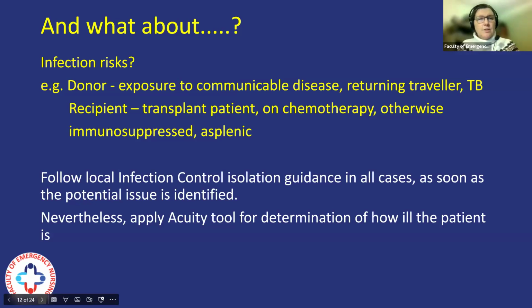But if this is a returning traveller with a very high temperature, you probably don't want them giving it whatever it is to the whole waiting room. So isolate them in whatever way your infection control isolation guidance has been written. The second party in an infection risk is the recipient. That's the person who would more easily catch an infection.